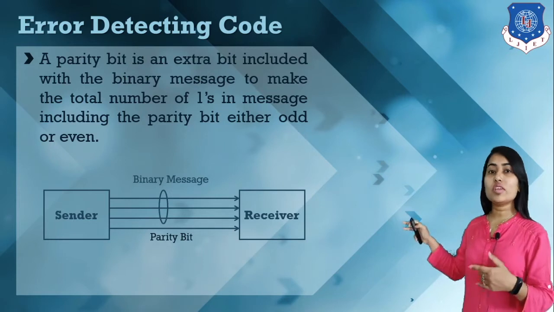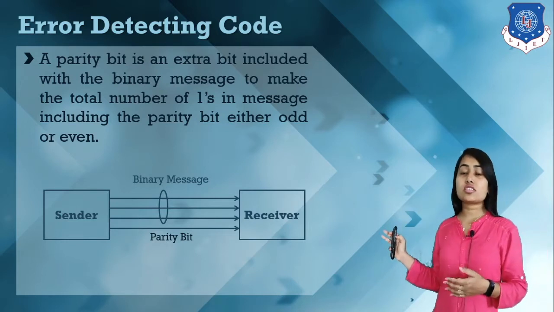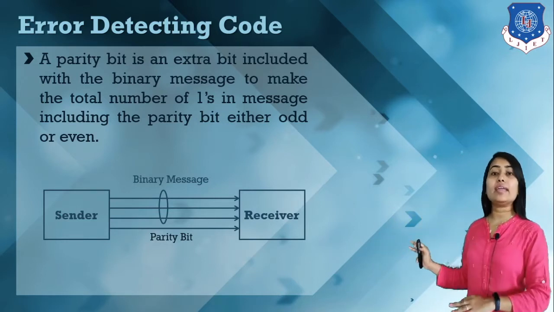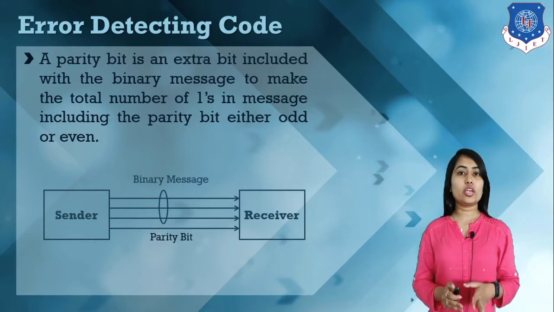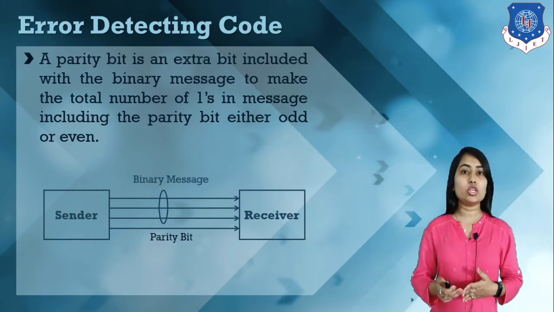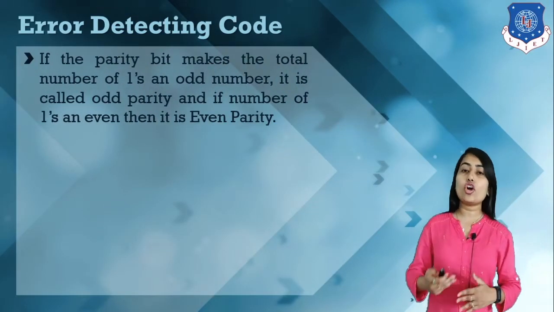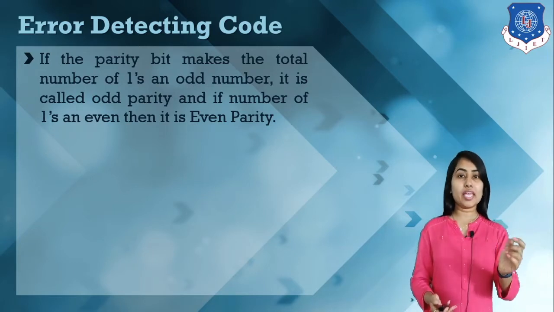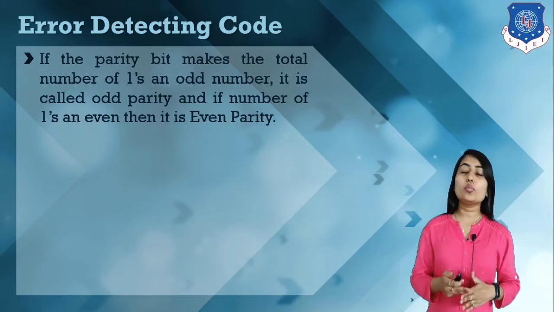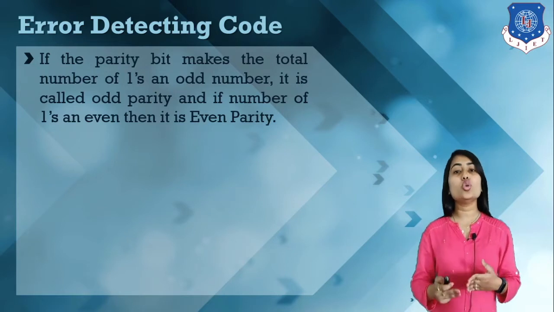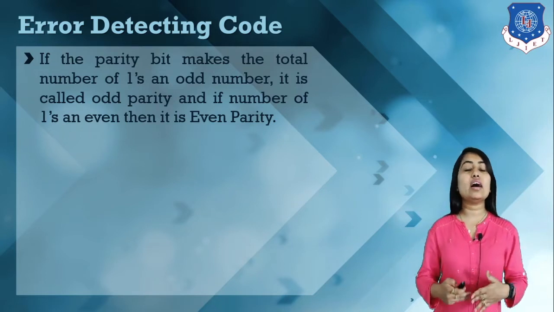If the parity bit makes the total number of ones odd, it is known as odd parity, and if it makes the total number of ones even, it is known as even parity.